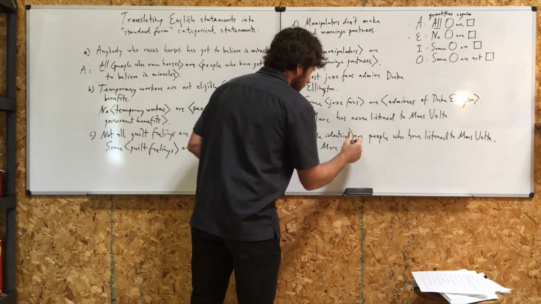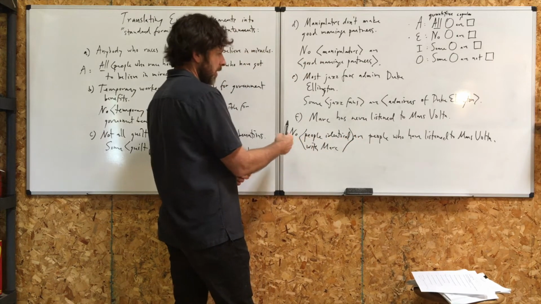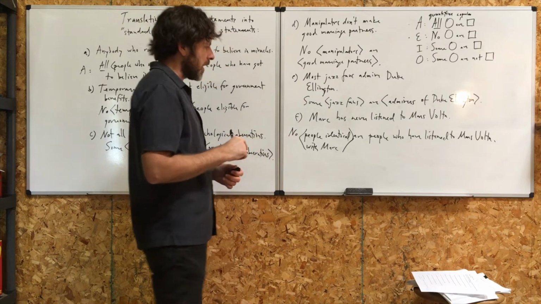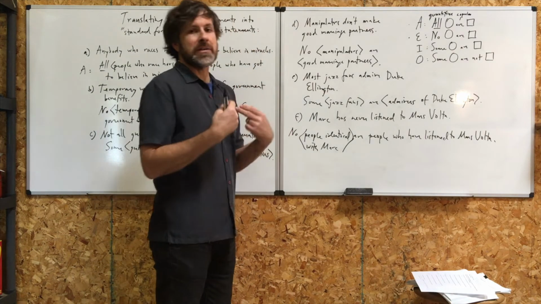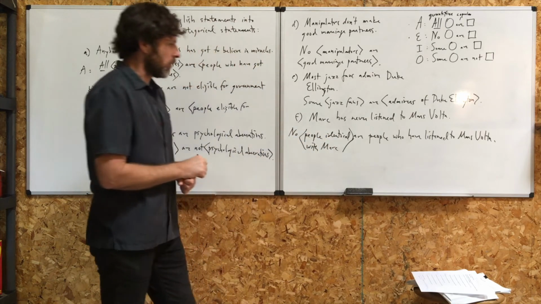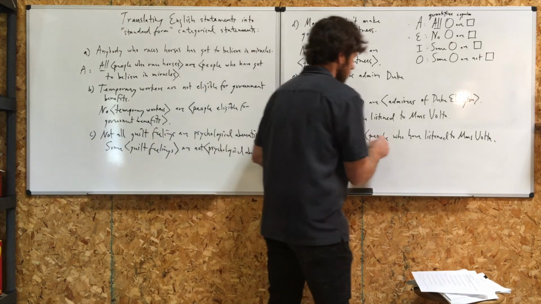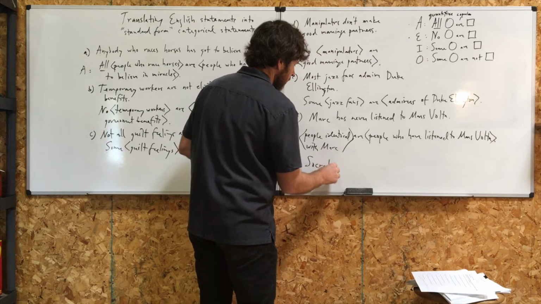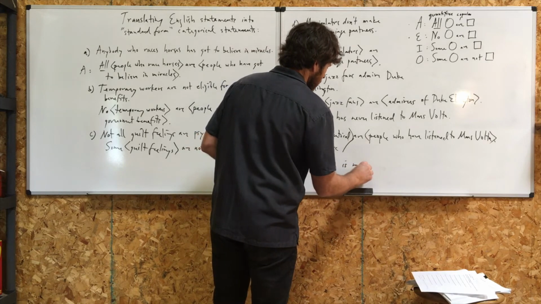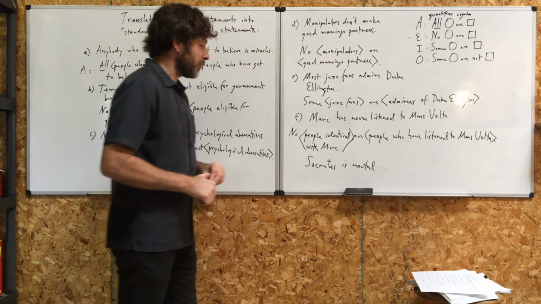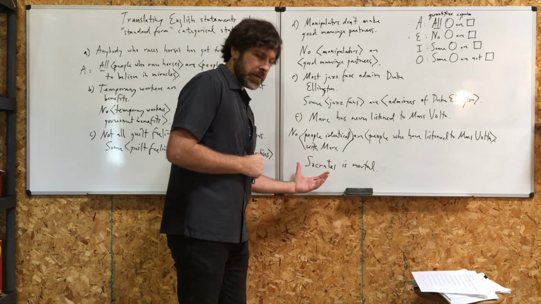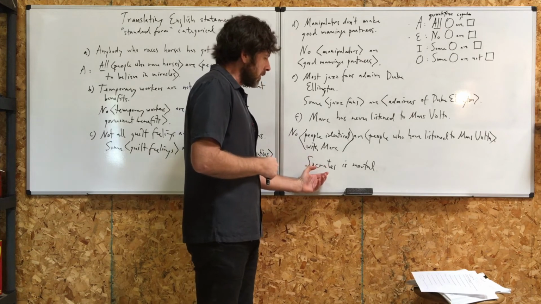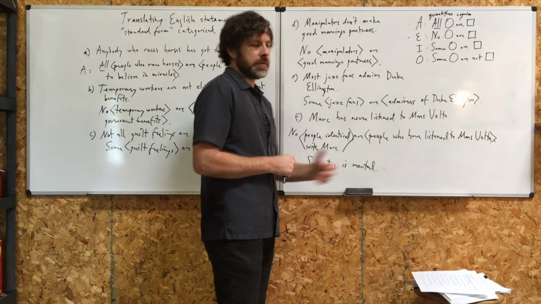People identical with Mark is a set, but it has one member, and that's me. No people identical with Mark are people who have listened to Mars Volta. Similarly, if you had the famous sentence, Socrates is mortal, you could translate that as: all people identical with Socrates, not all Socrateses, are mortal beings.